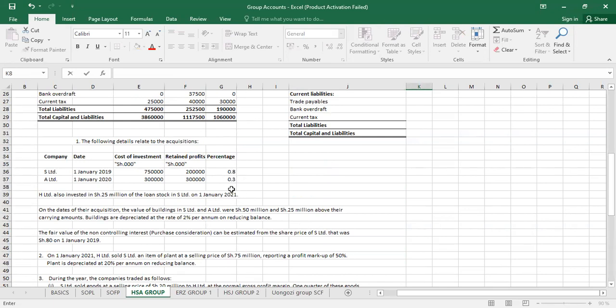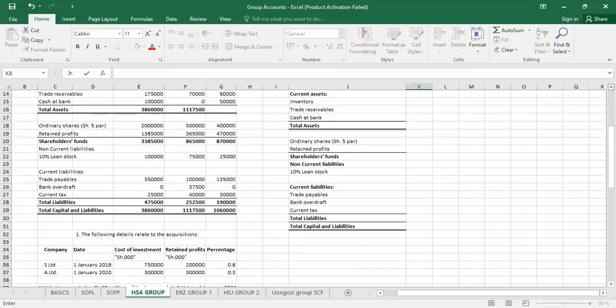When you check the shareholdings, you'll see A Limited is not a subsidiary company, it's an associate company. S Limited will be a subsidiary company according to the percentage, and they were acquired during 2019 and 2020, respectively. So you'll find that we are doing a full year consolidation. So that is the first thing you check.